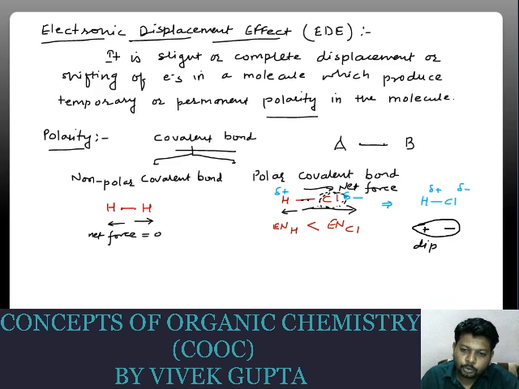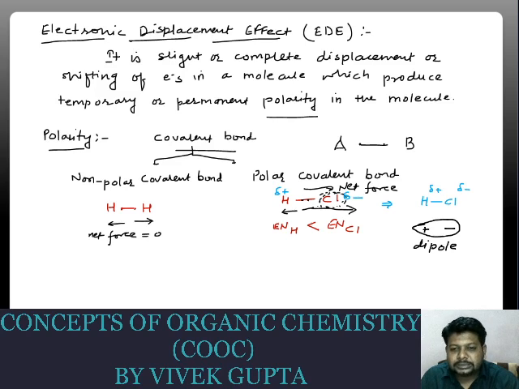So this molecule is acting as a dipole, and in that sense the covalent bond will be known as a polar covalent bond. Or we can say that the molecule of hydrogen chloride has acquired a partial polarity. Partial polarity because there is not complete shifting of electrons from one atom to another atom.